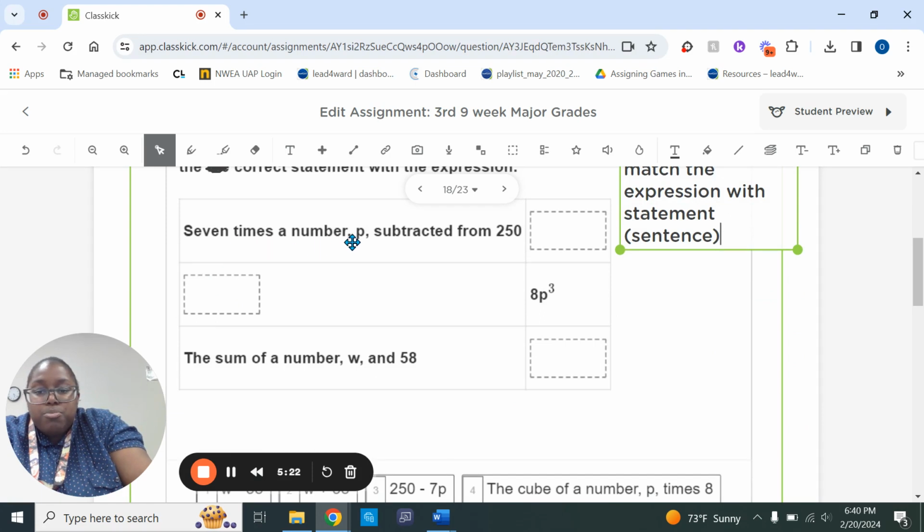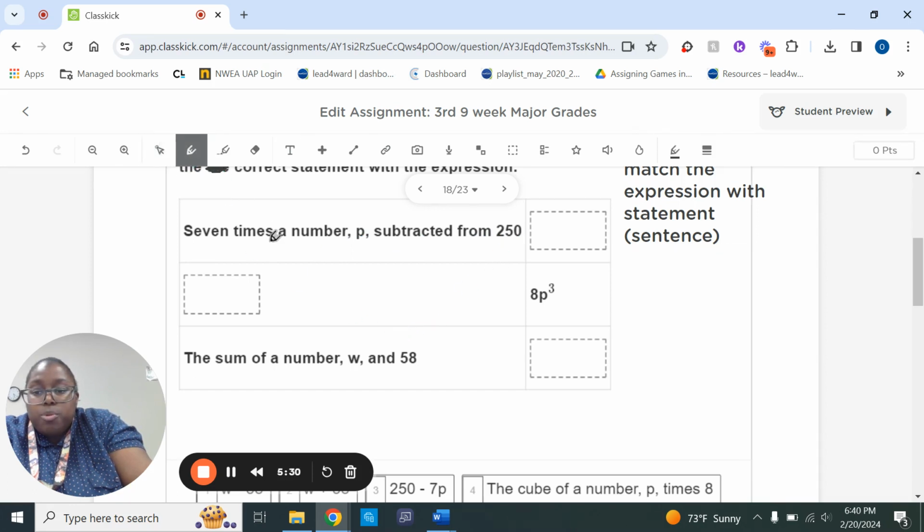7 times a number, P, subtracted from 250. Well, to help you break this down, we have a number. This one says a number, but since we don't know the number, it's going to be a variable, which is P, and it actually gives us the variable. And we have a number.